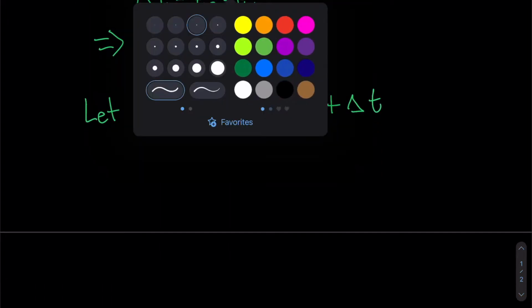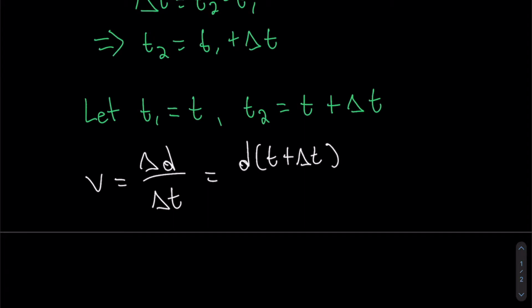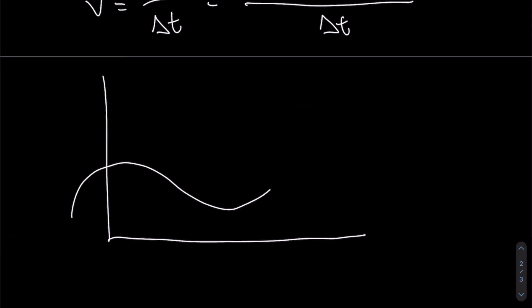Now I can write my speed, or my slope, a little bit differently, where I can write it as d at t2, which is t plus delta t, minus d at t divided by delta t. Now what if I had a curved function that isn't a straight line?